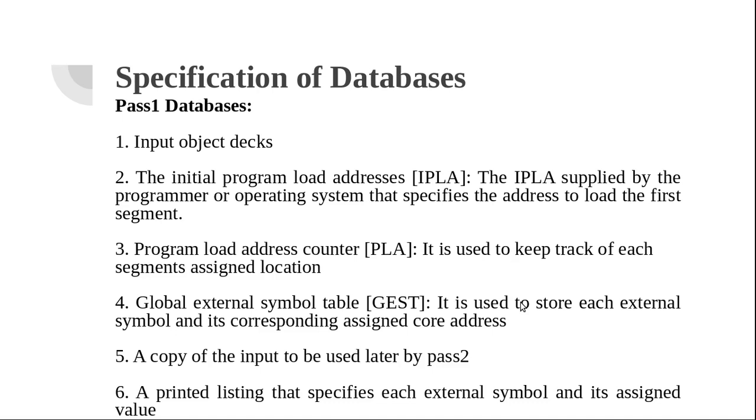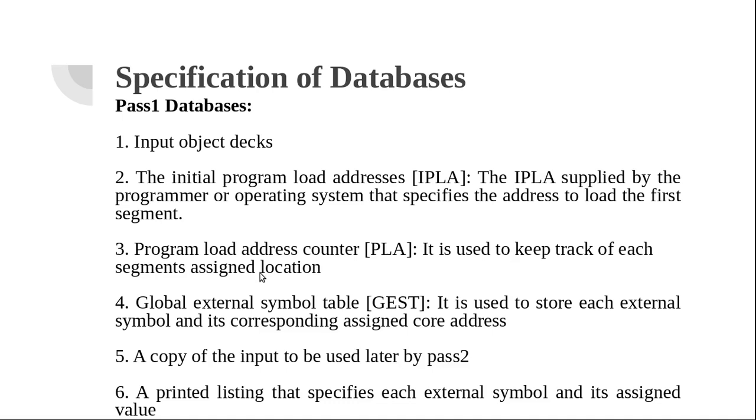Now we are moving on to the specification of databases in both pass 1 and pass 2. As you saw in the diagram, first we will be talking about pass 1. What is the main task of pass 1? Assign locations to each segment in your object program and store all external symbols, names and corresponding absolute address values in the external symbol table.